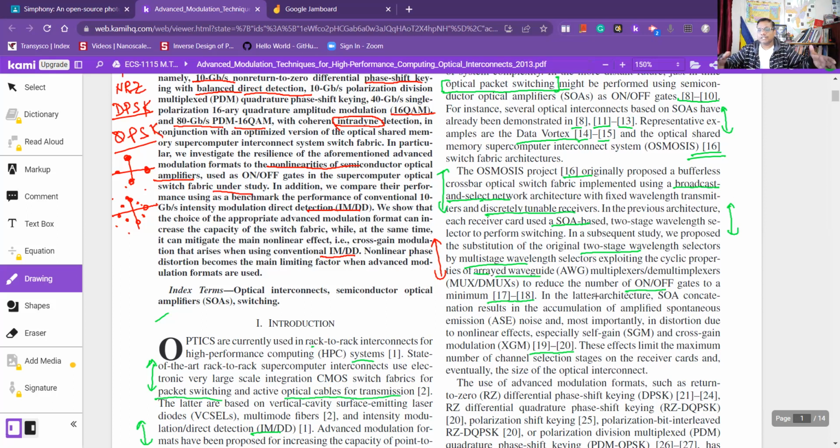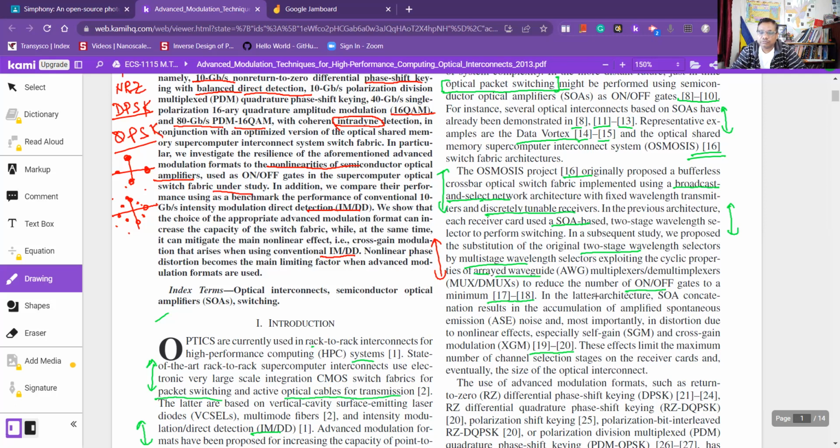The semiconductor optical amplifier will amplify the signal, but on the other hand, it also generates amplified spontaneous emission, that is the noise. And this increase in the noise will further lead to non-linear effects, that is self-phase modulation and cross-gain modulation. So noise as well as distortion.